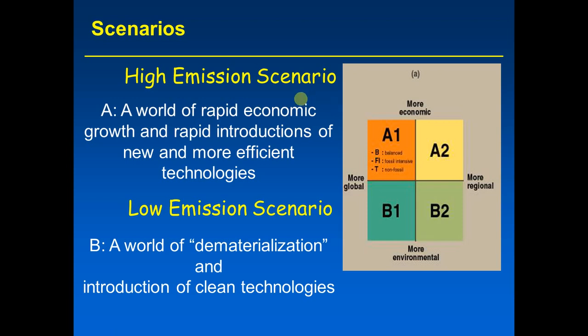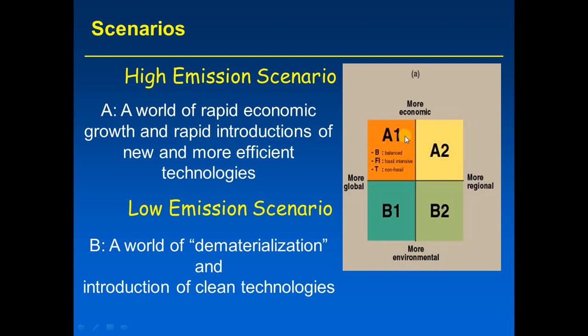They assume a world of rapid economic growth. Okay, so the economy of the world grows at a fast rate, and rapid introductions of new and more efficient technologies. Okay, and this is something we've seen. Technology's improved. We're seeing all these new technologies in recent years. It's becoming more efficient. Okay.